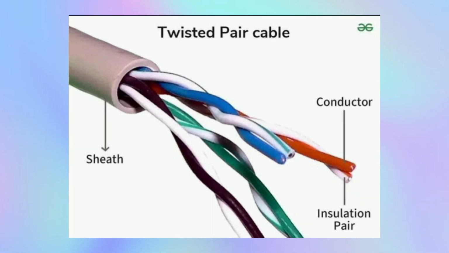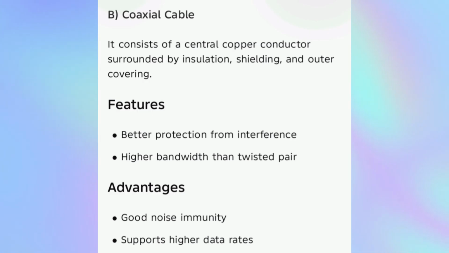So twisted pair cable: sheath, conductor, insulation, pair. The second one is coaxial cable, with a center copper conductor surrounded by insulation, a shield and an outer covering.